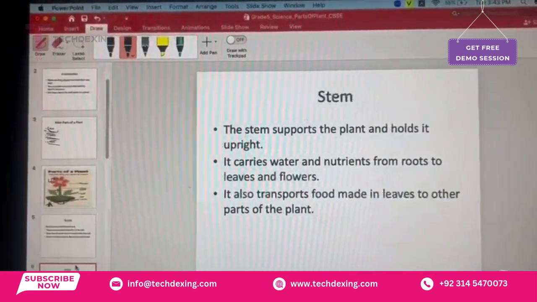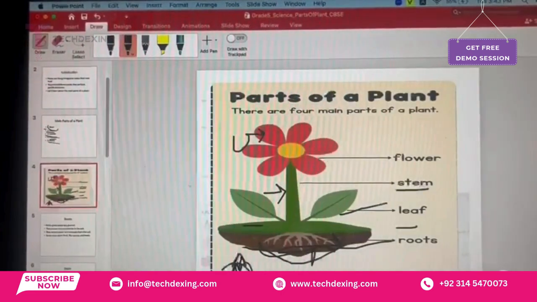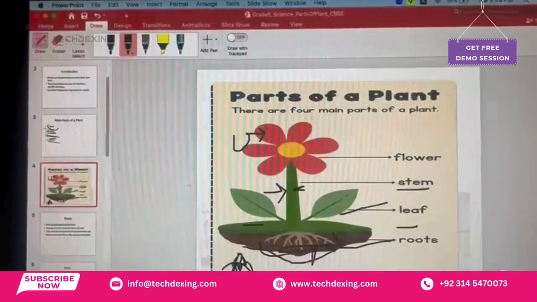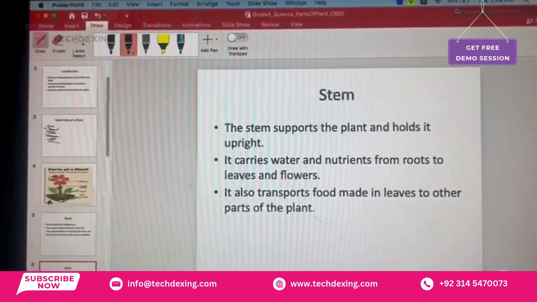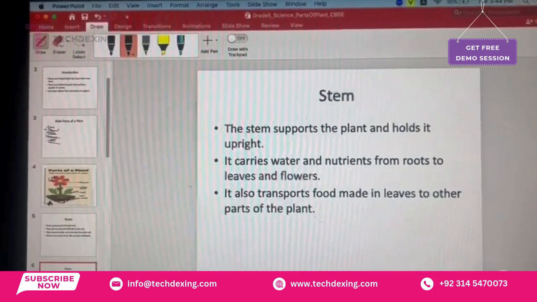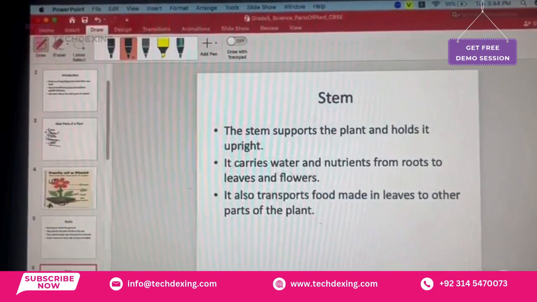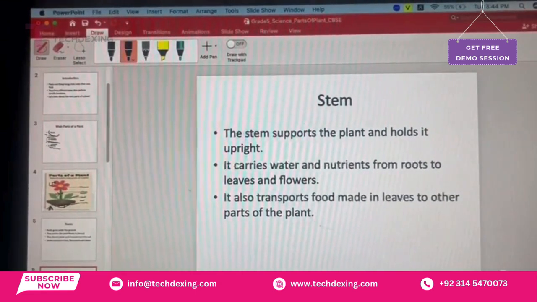Okay, then we have this stem. See here, the stem. This is a what? Stem. The stem supports the plant and holds it upright, helping the plant to stand straight and carry its weight. It also carries water and nutrients.